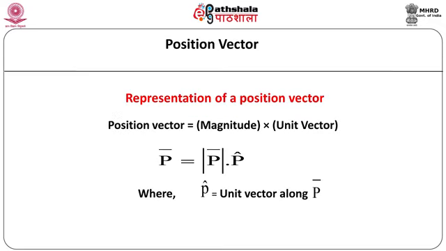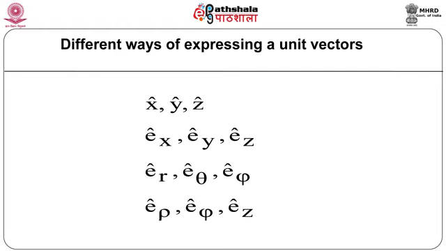In the earlier module, we have seen the definition of a unit vector. A position vector, say p bar, can be expressed in terms of its magnitude and the unit vector along it. It should be noted that in literature, different authors use different symbols to represent coordinates in different coordinate systems. Similarly, the unit vectors are also represented in a variety of ways.